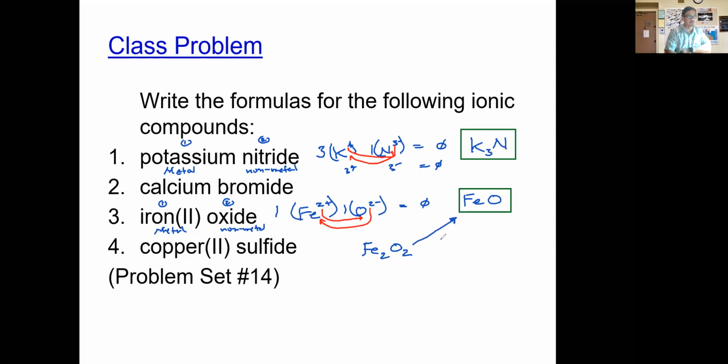You have to reduce, or divide by a common divisor, to get the lowest whole number ratio. These two are not the same, because this one is twice as much as this. This is not simplified yet. So if you go this route and cross the charges, do not leave it this way. You have to reduce it if you can.